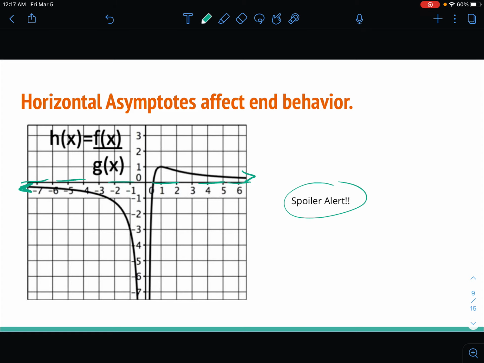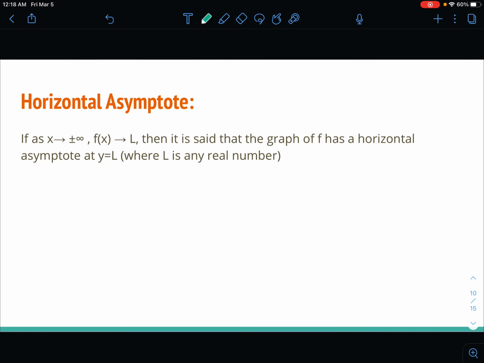But here's the spoiler alert, your graph may cross the horizontal asymptote. It's really only going to determine and affect that end behavior. So notice we have this graph cutting right through it, which may seem a little upsetting because when we first learn about asymptotes, you never ever touch them. But again, this is going to be affecting that end behavior.